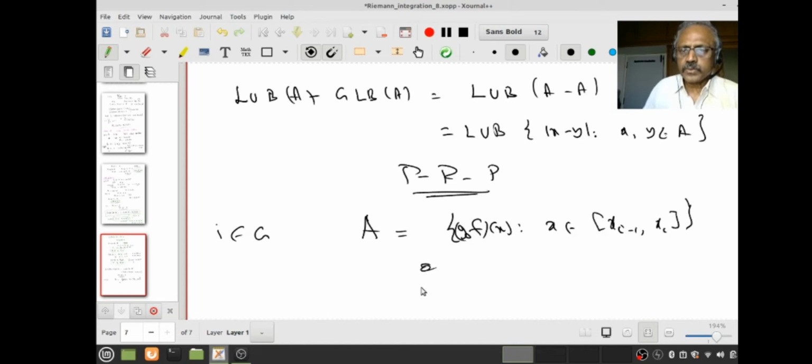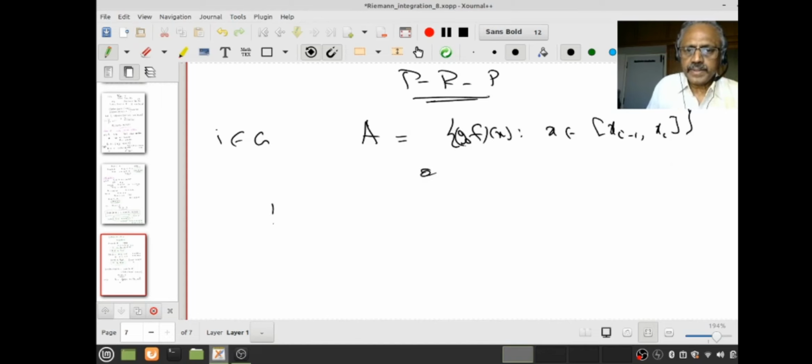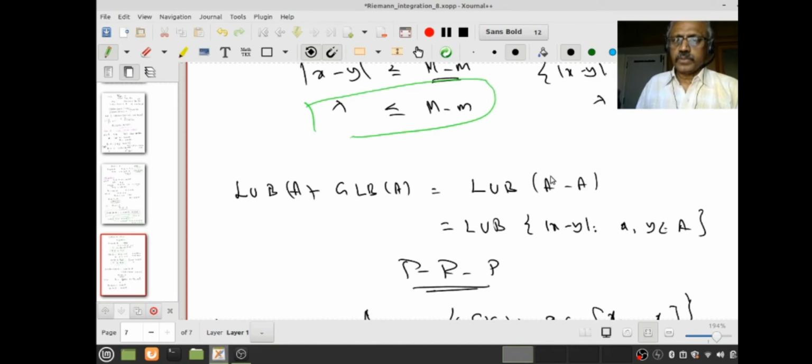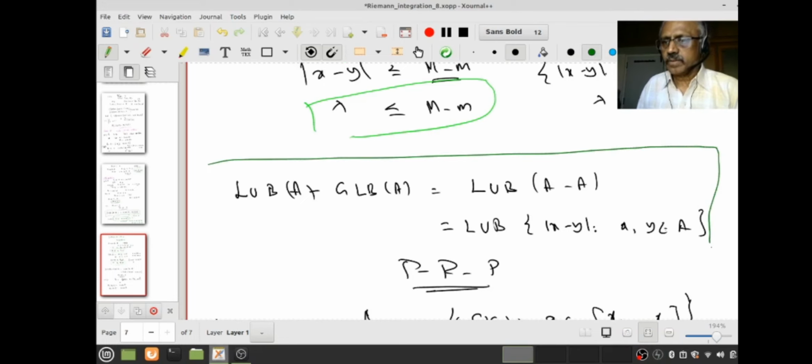And what I'm looking for, my capital M_i of G composite f is LUB of A, and small m_i of G composite f is GLB of A. You understand that? So whatever we proved now, maybe I should put in a beautiful box. The box may not look beautiful anyway.